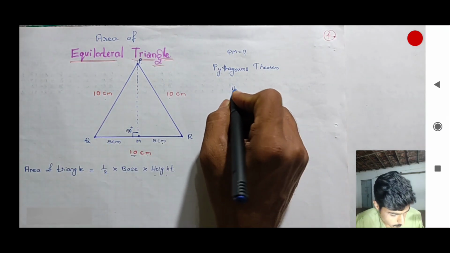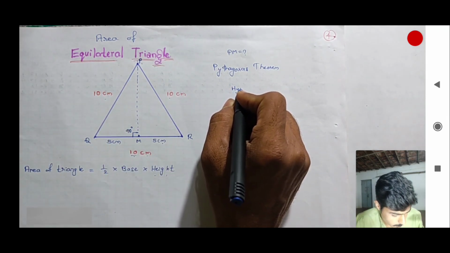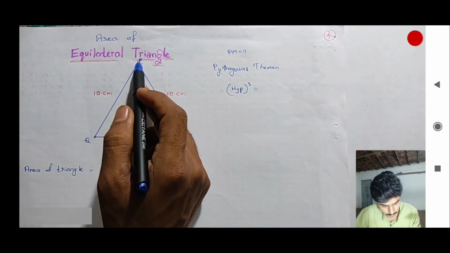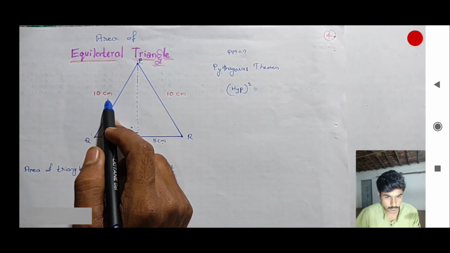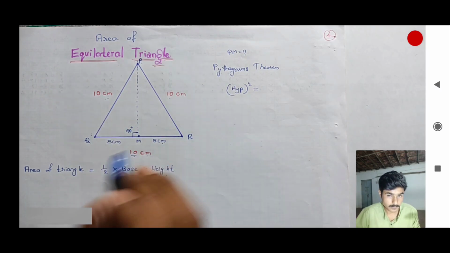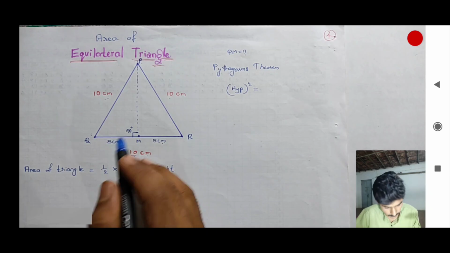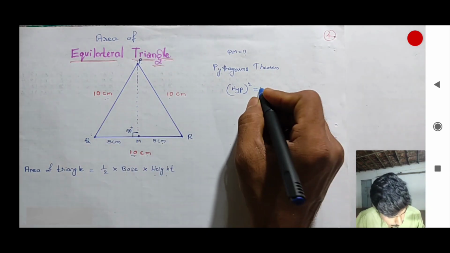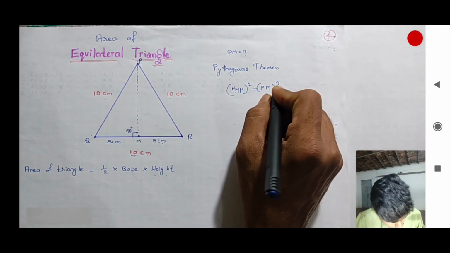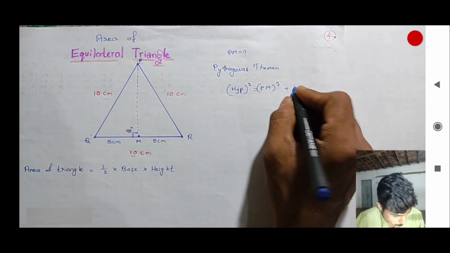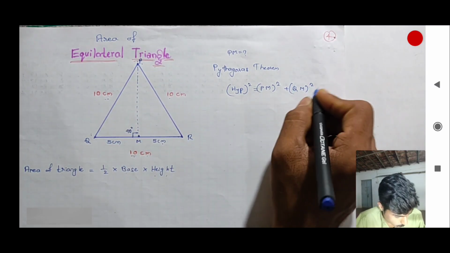hypotenuse. So Pythagoras theorem says hypotenuse square will be equal to, means PQ square will be equal to sum of the squares of other two sides, means it will be equal to PM square plus QM square.